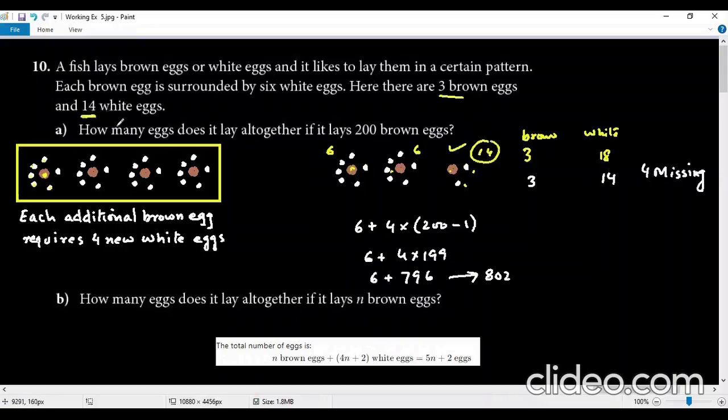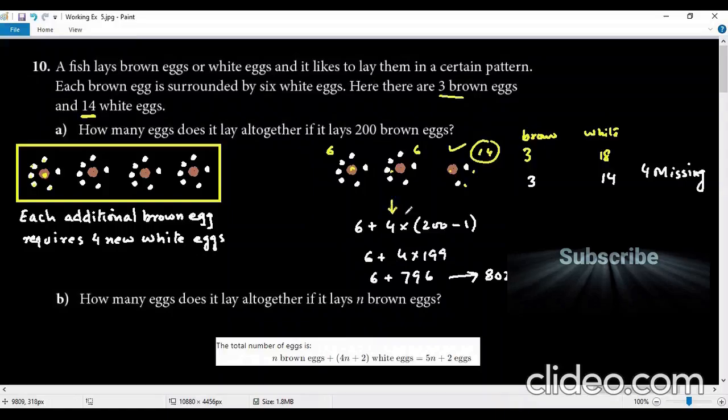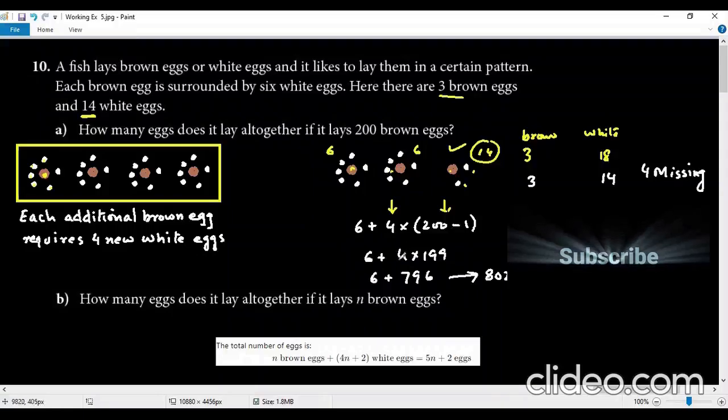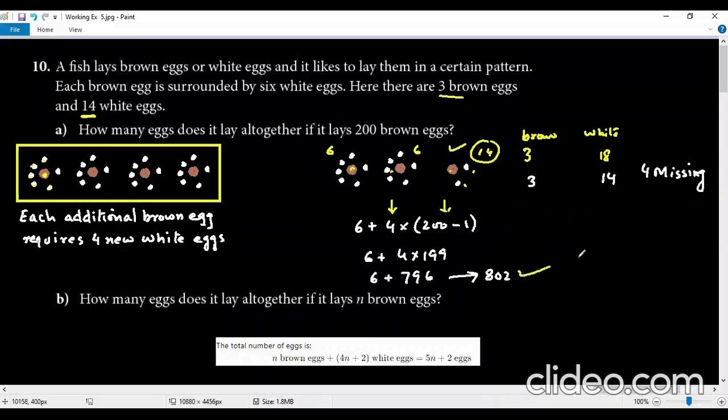Now there are missing 4 eggs. It has to be 18, but there are at the moment 14 eggs. So that means 6 plus 4 times 200 minus 1 to make it an odd number. So that means 4 times 199 gives you 796, and you need to add 6 into it. You get 802 as an answer.